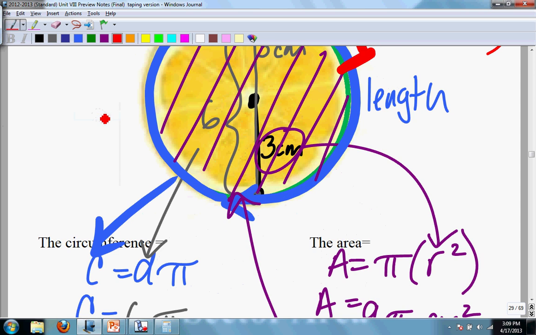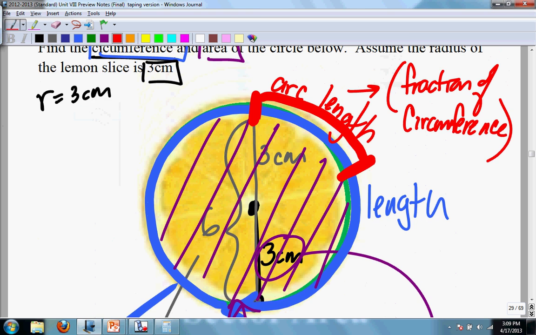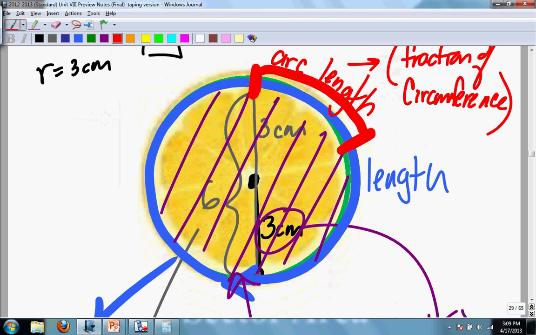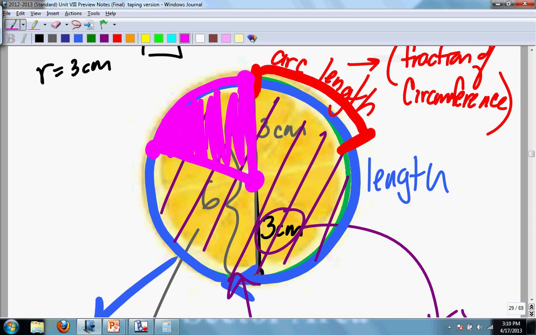You want to write that in. Arc length is just a portion of the circumference. Now the term sector area: make a little wedge there, sweep, shade that in. This is called a sector area.